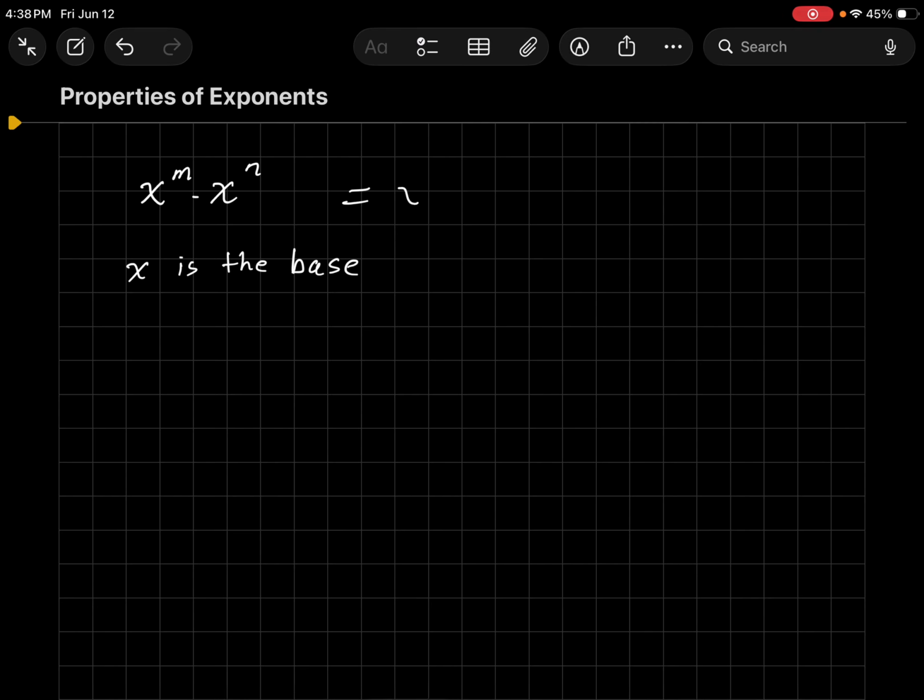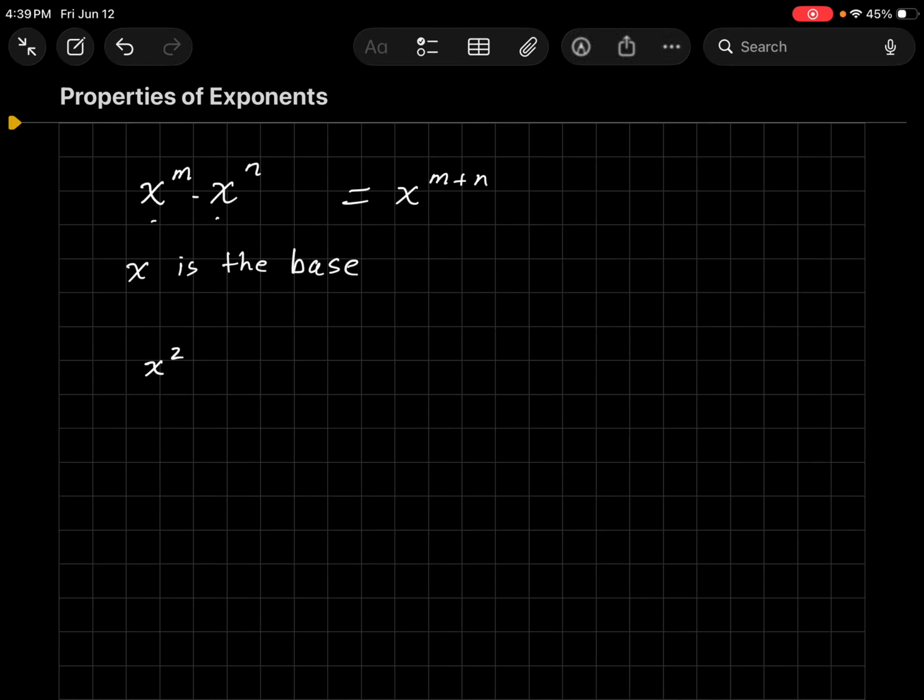Well, my claim is that if these two things that we're multiplying have the same base, then I can simply add the exponents. Now, why is that? I'm not going to prove it to you, but I'm going to try to convince you with a simple example, because I think a lot of times we learn properties and we don't know why. We just try to memorize things and we don't realize that the understanding is actually pretty simple.